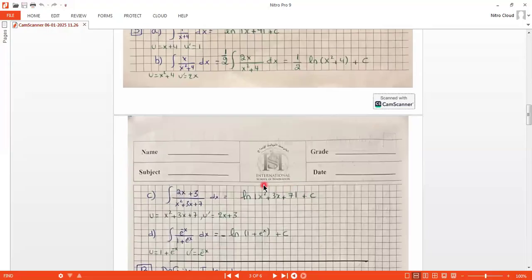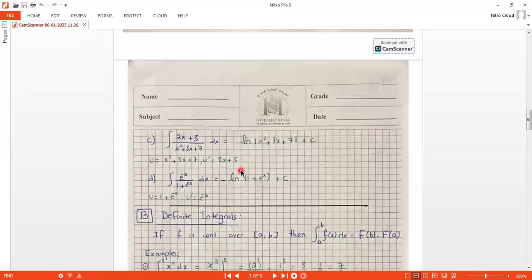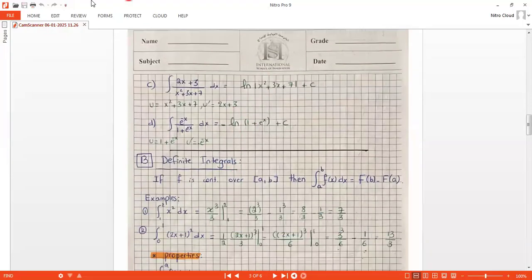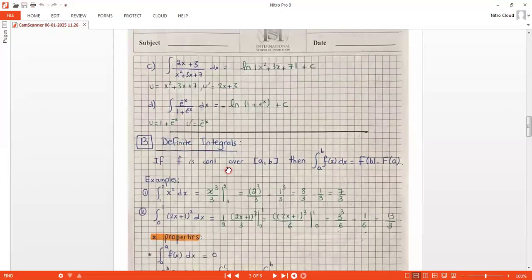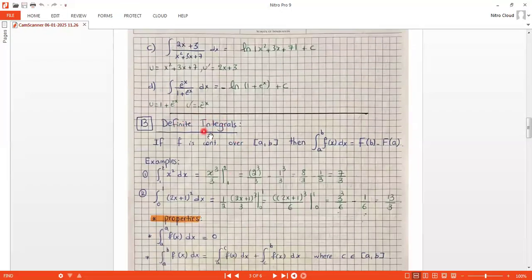Of course, you can solve all of these examples, but I have to go for the second objective, which is the definite integrals. When I say definite integrals, I mean I want at the end a numerical value of the integral. So if f is continuous over [a, b], then the integral from a to b of the function is the antiderivative, but then you replace b and a: F of b minus F of a.